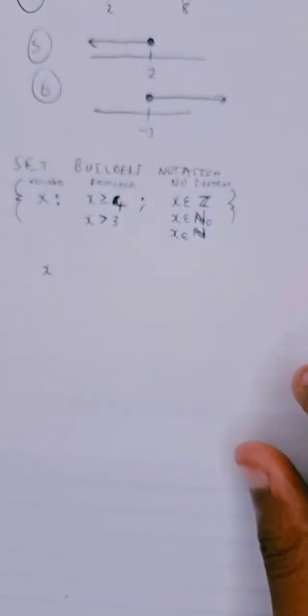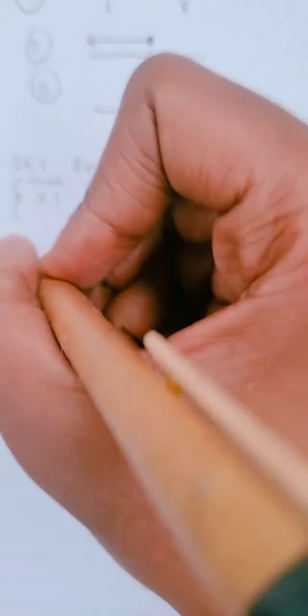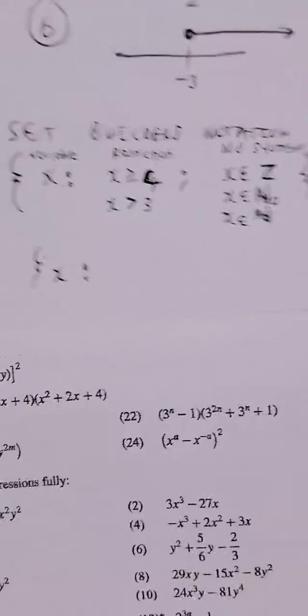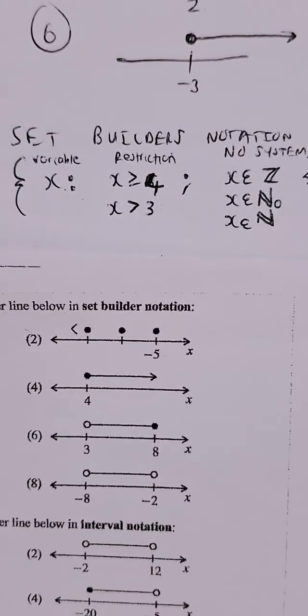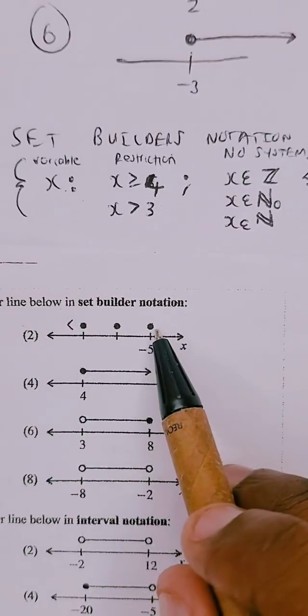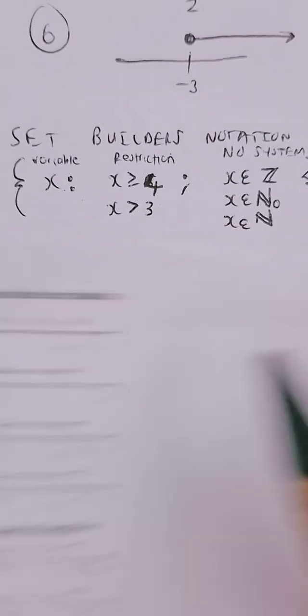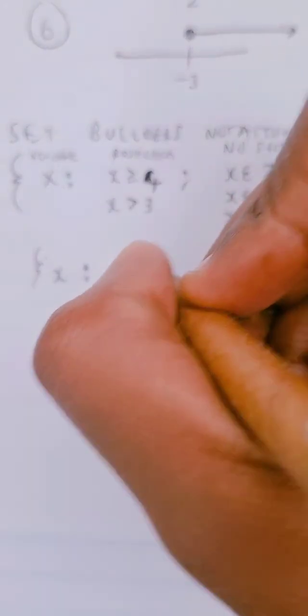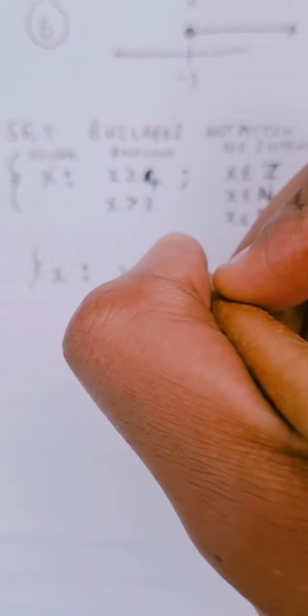We can write that as x such that, let's look at it again. x is less than -5. So we say x is less than -5, but we are also going to say less than or equal to -5.